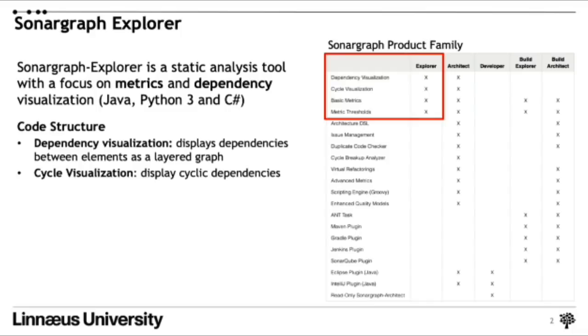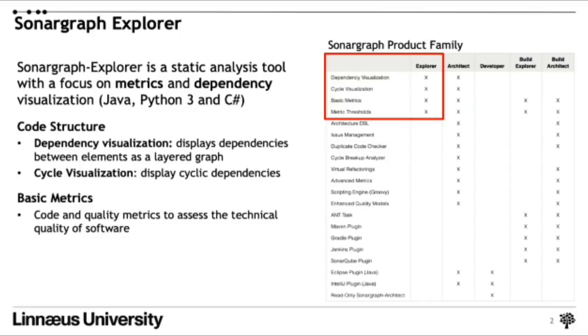And also Sonar Explorer will allow you to run some basic metrics. These are code and quality metrics that allow you to assess the technical quality of the software that you are producing. Okay. As we said earlier in this course, there's no quality attribute, there's no quality level if we cannot measure the level of quality.